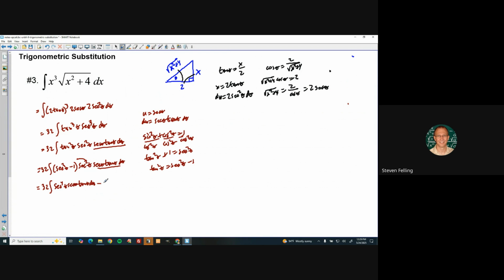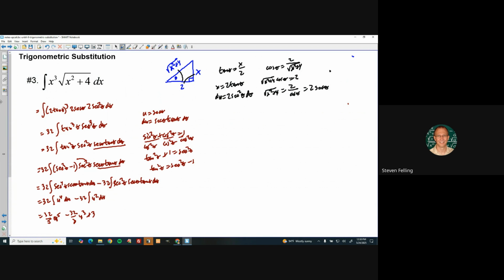And I've got minus 32 times just the integral of secant squared with the secant tangent. And then I can do the u substitution, so that's 32 integral of u to the 4th du, minus 32 integral of u squared du, which means that's 32 over 5 u to the 5th, minus 32 over 3 u cubed plus c.